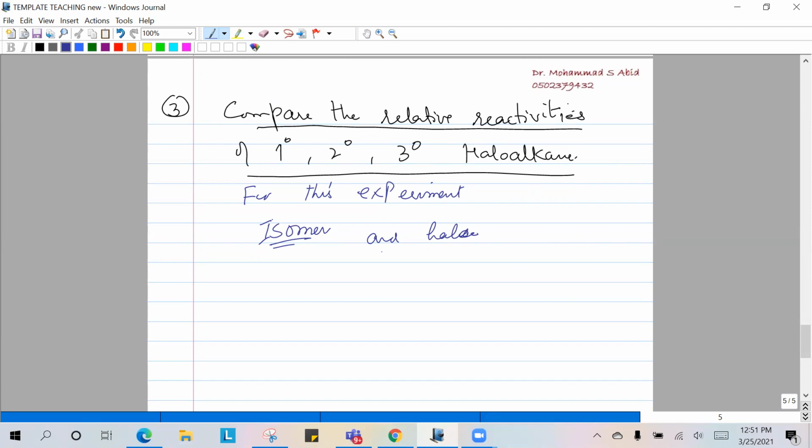Why does the halide ion have to be the same? Because if in primary you are having a chloro, in secondary a bromo, and in tertiary the iodo, then in addition to the structure, the halogen atom will also affect the reactivity. We don't want this to happen.